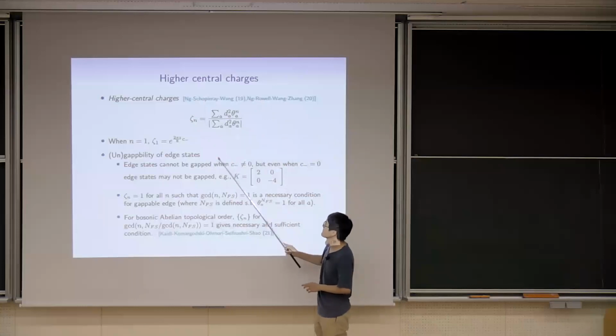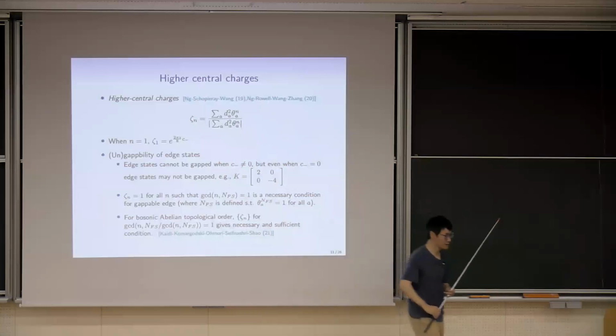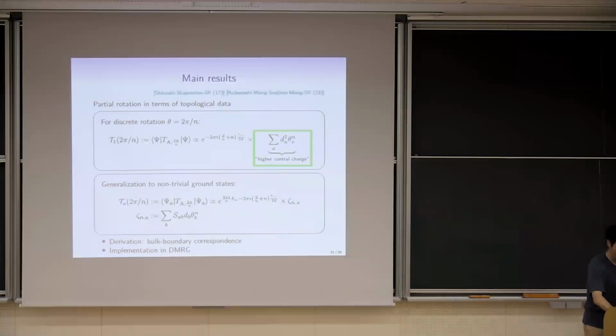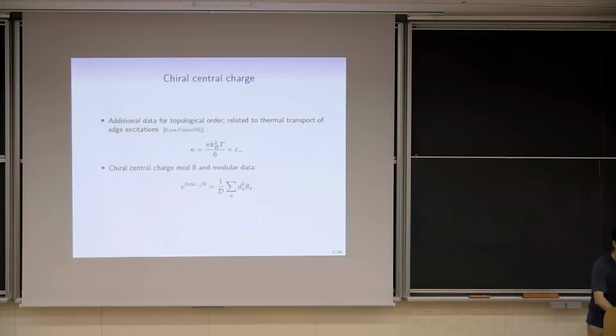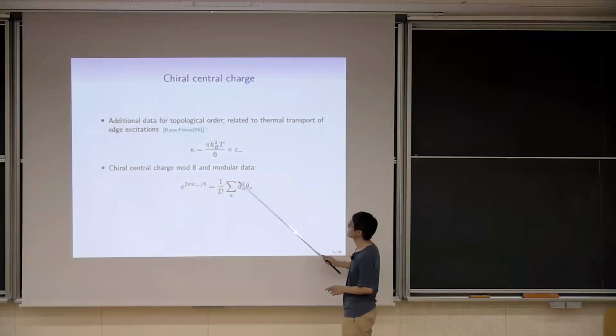Okay, but maybe the first comment is that this looks like the relation between central charge and d and theta, if you remember it; we basically change the powers here.